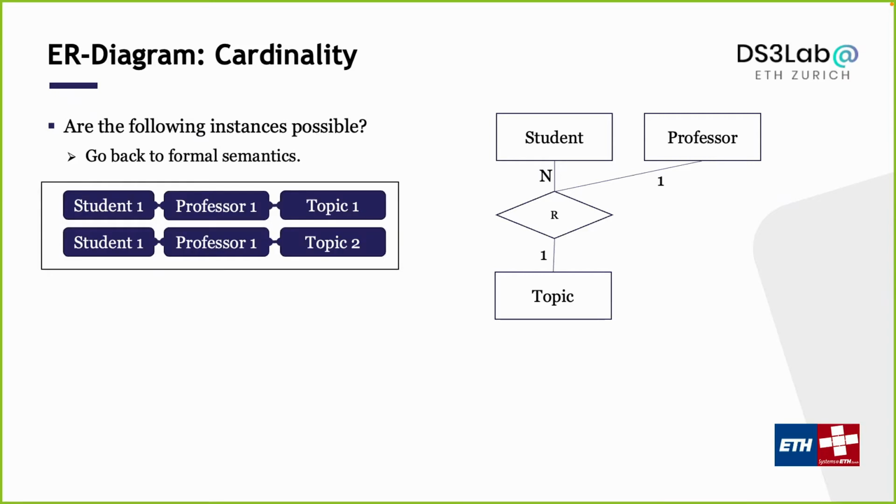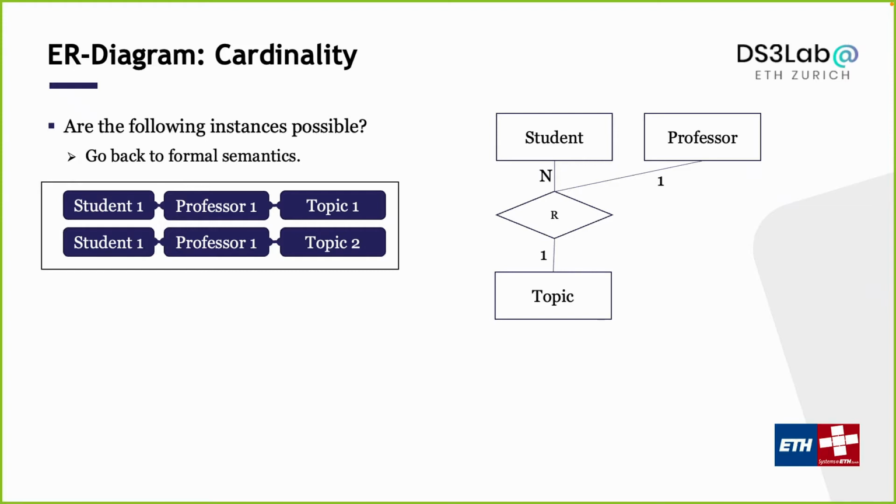So now let's look at whether this database instance is valid under this conceptual model. What do you check? You check whether the student and topic pair participates at most once. In this case, student 1, topic 1 and student 1, topic 2 are different, so it's fine.